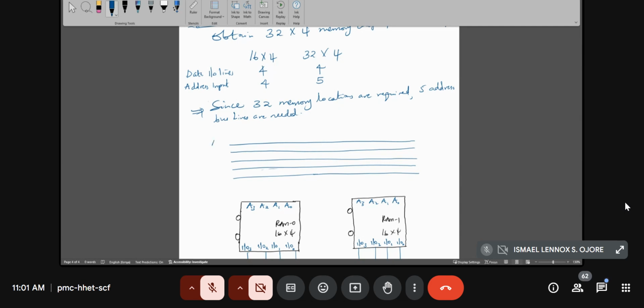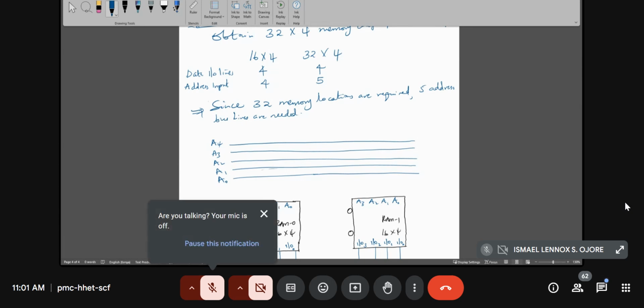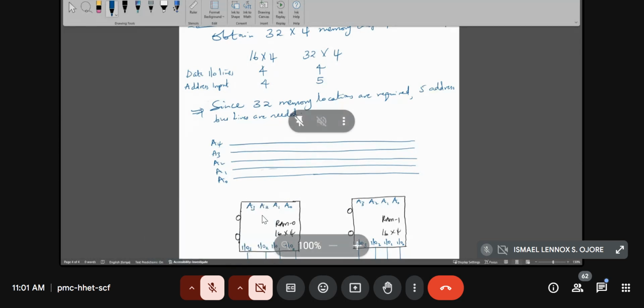So we have A4, A3, A2, A1, A0. Our chips themselves have 4 address lines from A3 to A0, and for that we can do the connections right away.